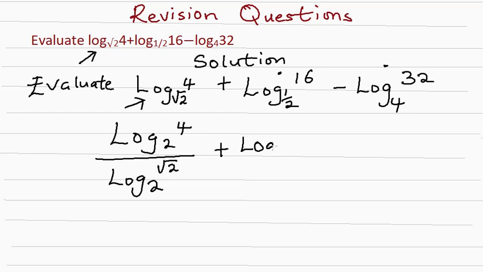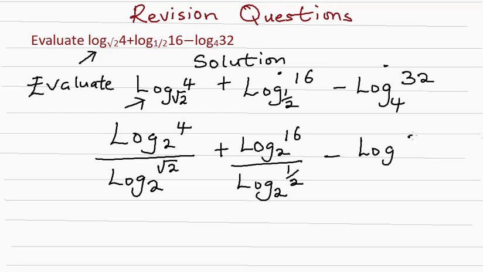This is going to be log 16 in base 2, divided by log 1 over 2 in base 2. I'll do the same to this. Here we go. This is going to be log 32 in base 2, divided by log 4 in base 2.